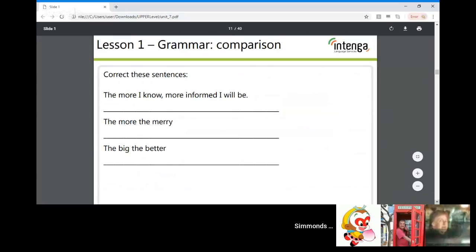Okay. What's wrong? What are we missing? I think if I say this phrase, the more I know, more information I will get. Okay, that's fine. I mean, you can change that ending. That's not a problem. Anyone else?